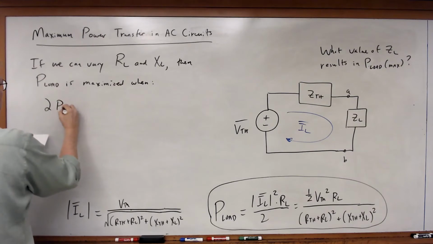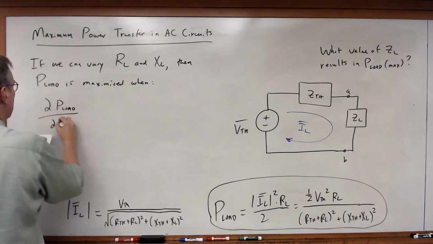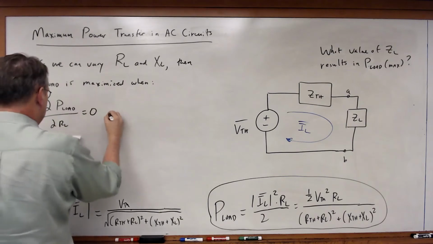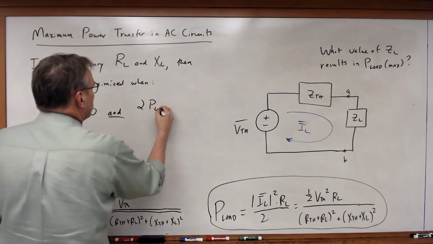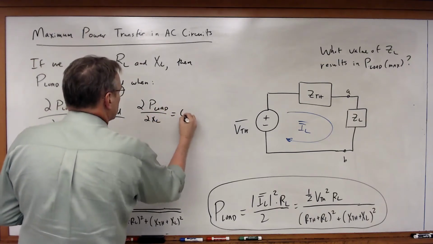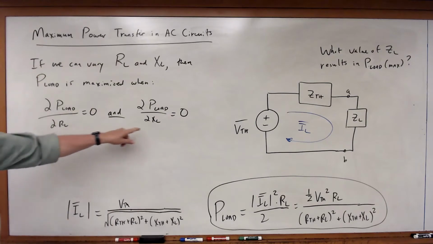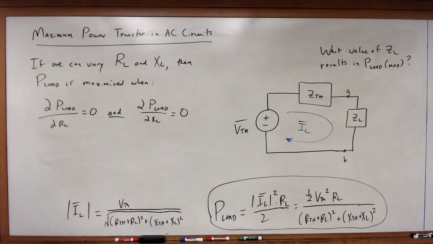The partial derivative of P load with respect to RL is equal to 0, and the partial derivative of P load with respect to XL is equal to 0. So I have to take two partial derivatives, set them both equal to 0. I have to satisfy both of those.